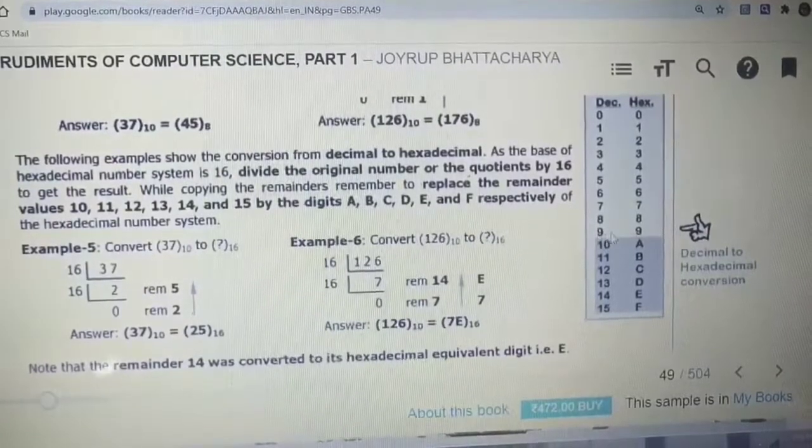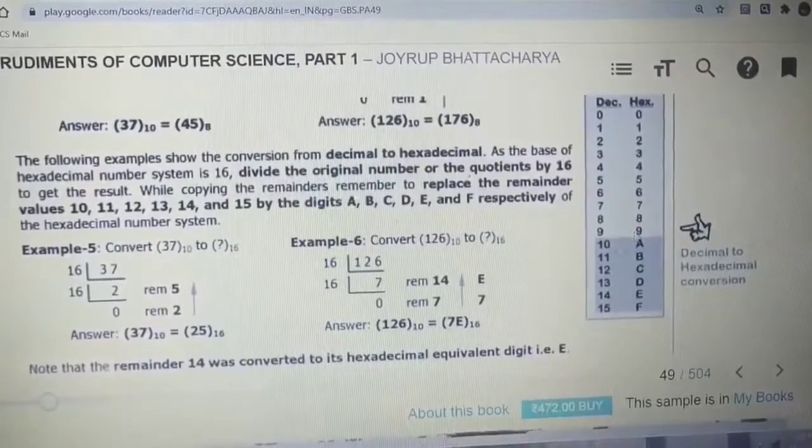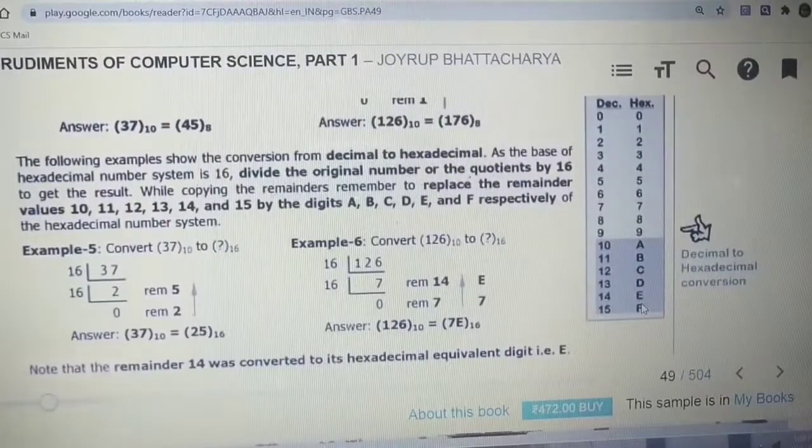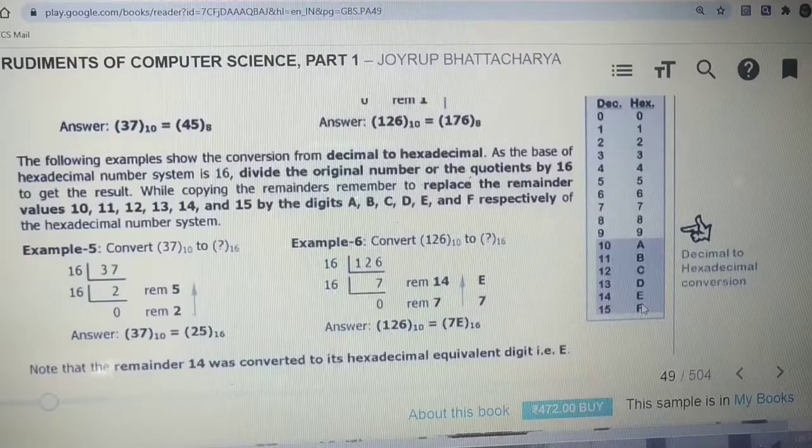Till 9, decimal number 9 is also represented as 9 in hexadecimal, but decimal value 10 in hexadecimal is represented as A, 11 as B, 12 as C, 13 as D, 14 as E, and 15 as F. So remember, from 10 onwards, 10 represents A, 11 represents B, 12 represents C, 13 represents D, 14 represents E, and 15 represents F. You have to remember this, otherwise it will be very difficult.